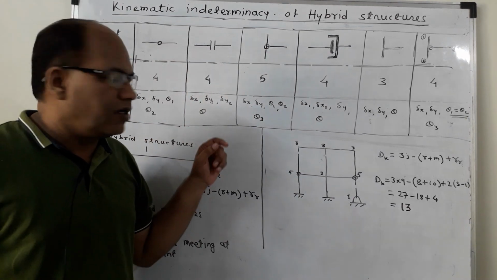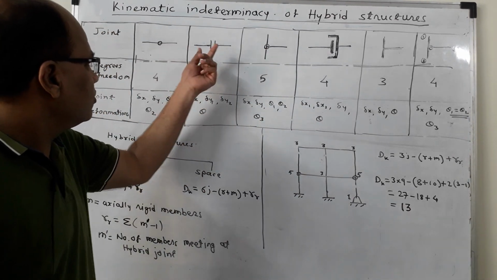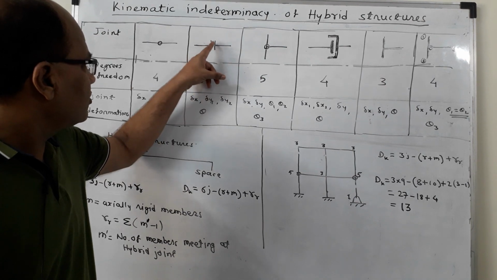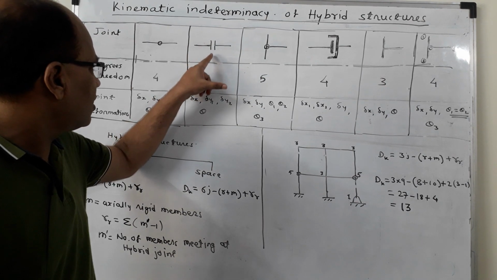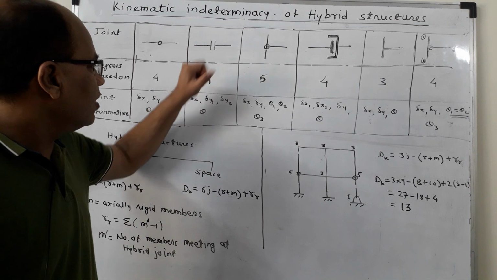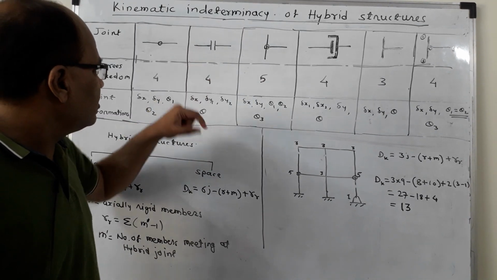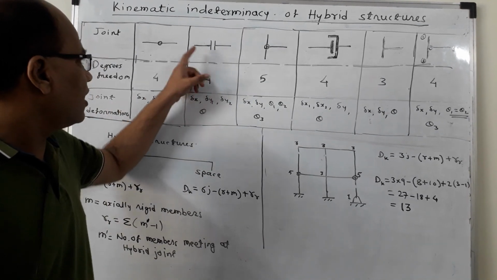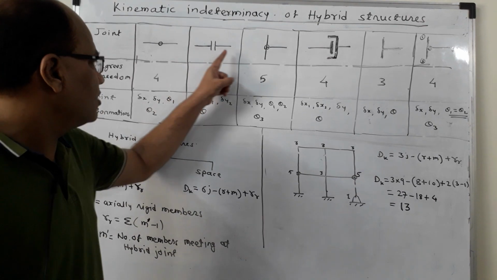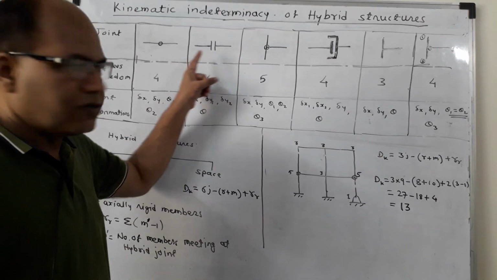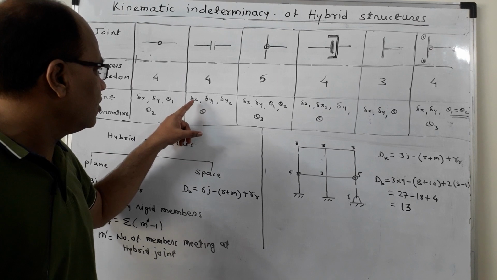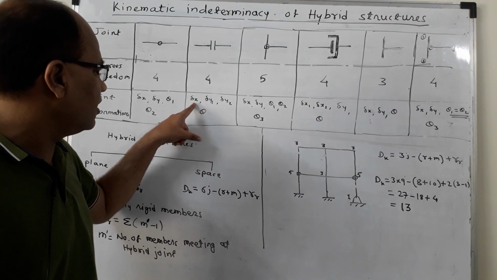It is the second joint. Now here the two members are connected by means of such joint in which rollers are placed in between. Now the degrees of freedom can be like this: delta x, that is the movement along x direction is possible. So it is the horizontal movement or horizontal displacement delta x.